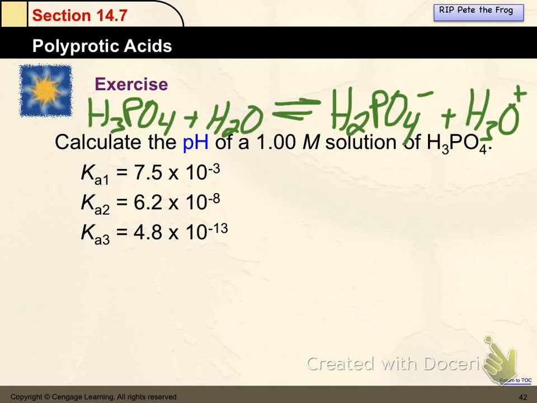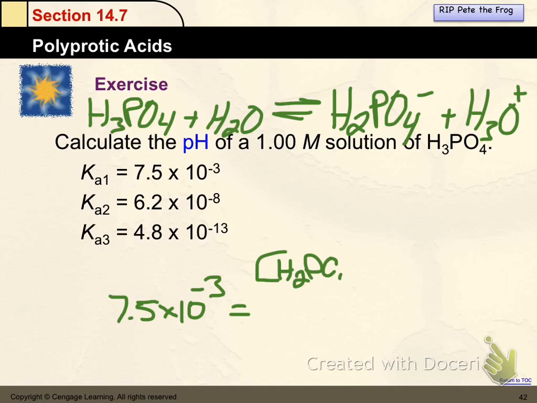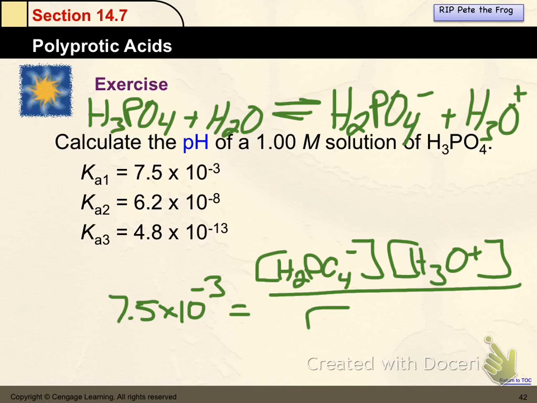Ka for this first dissociation step is 7.5 times 10 to the negative third, and that equals the concentration of H2PO4 times the concentration of H3O plus divided by the concentration of H3PO4.